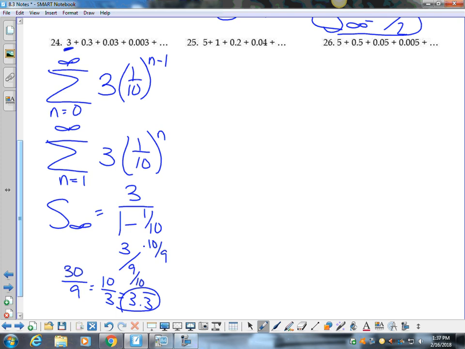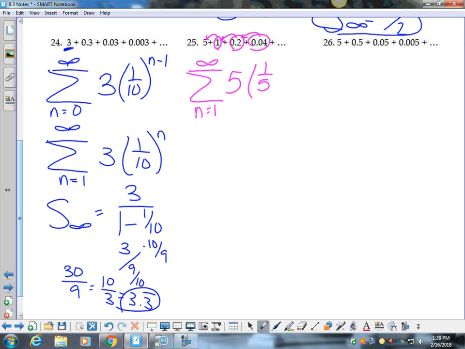Number 25, and if I'm going too fast, it's only because I know you can pause this. Let's see, I'm going to go n equals 1 to infinity. I'm starting with a 5, and then I go to 1, and then I go to 0.2, and then I go to 0.04. If you're not sure what your r is, all you have to do is take this guy and divide it by that guy to figure out what you're multiplying by.